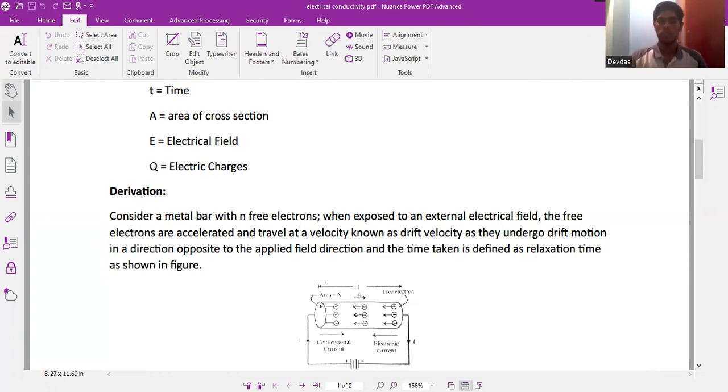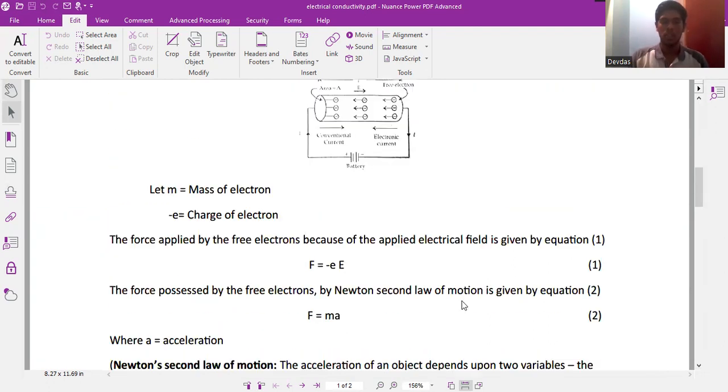When this happens, the force applied on the electrons is given as F equal to minus e into E, where F is the force on the free electrons because of the electric field, minus e is the charge of the electron, and E is the applied electric field on the free electrons in the metal piece.